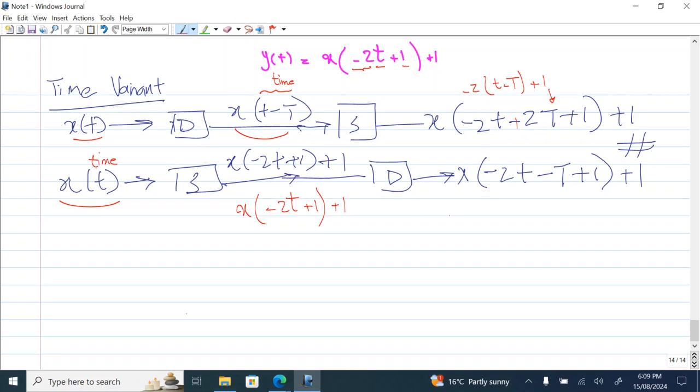So what you get is x minus 2, t minus, again, think of this as your time. So it will be minus 2t plus 1 minus t, which is delayed. And then that's number 1. And these two are not the same, so it's not time invariant.